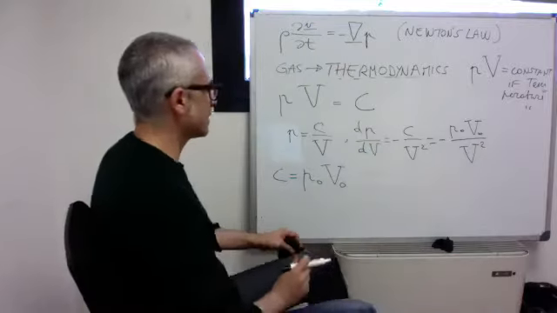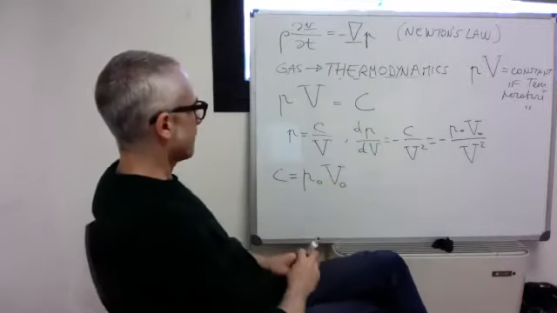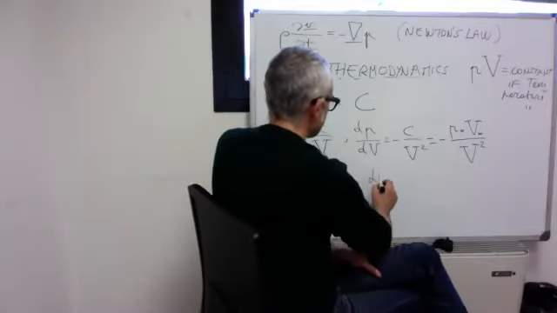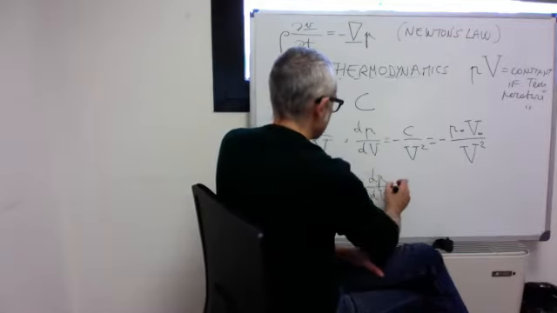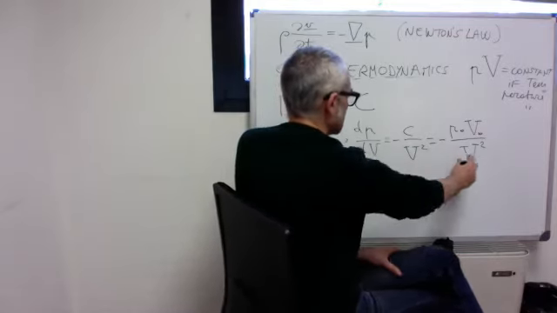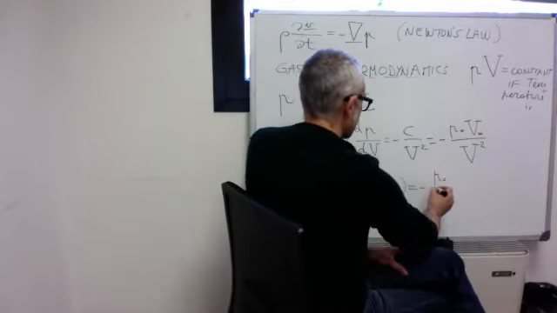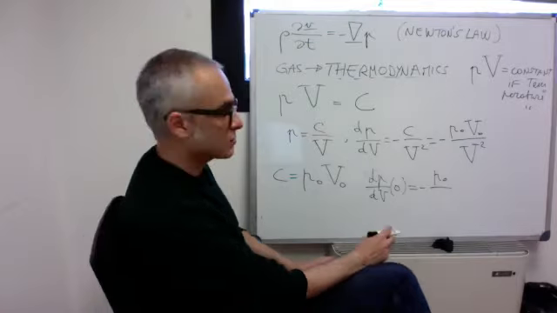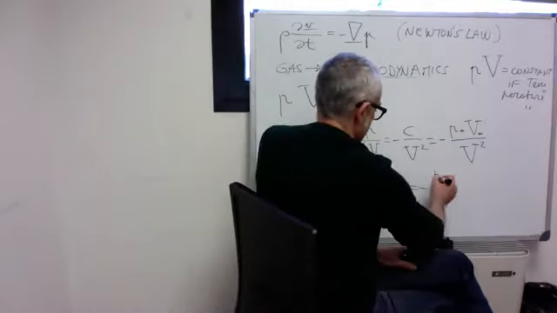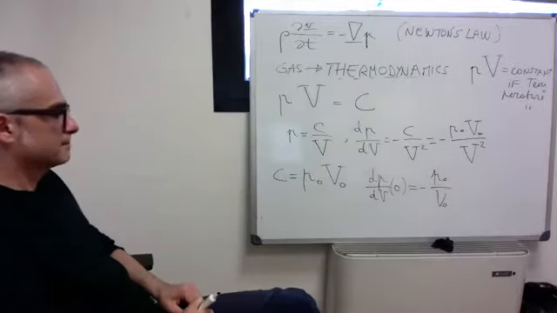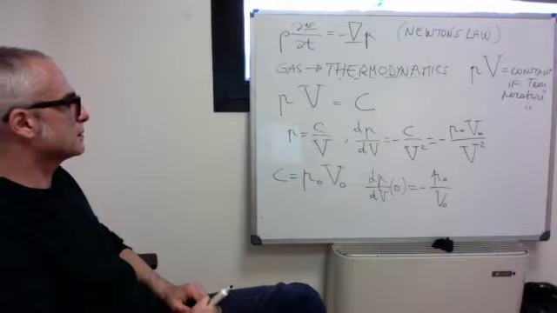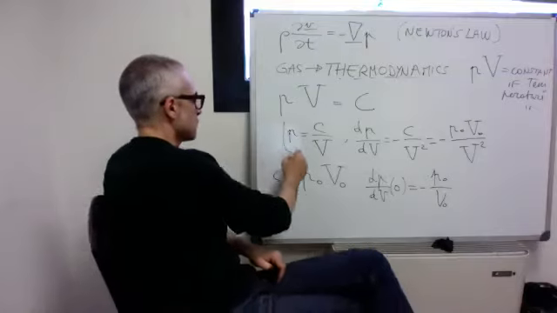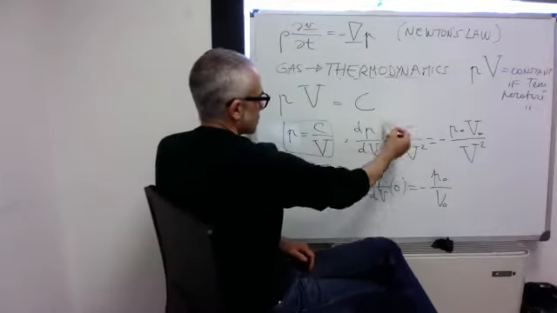If I take this derivative at the beginning of the experiment, this can cancel out, and I'm left with minus P0 over V0. The one relatively difficult step here is to differentiate this expression for P with respect to V, which is what I've done here.